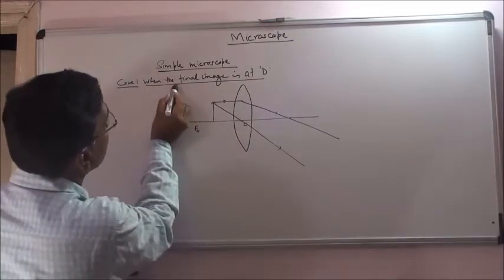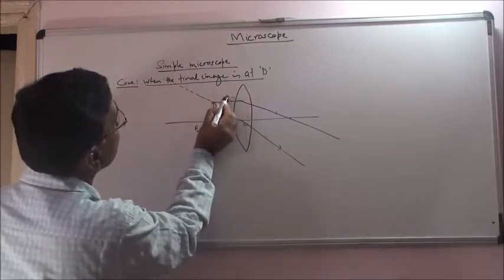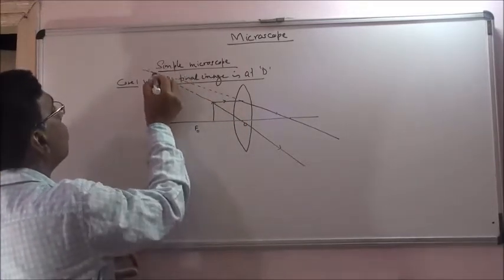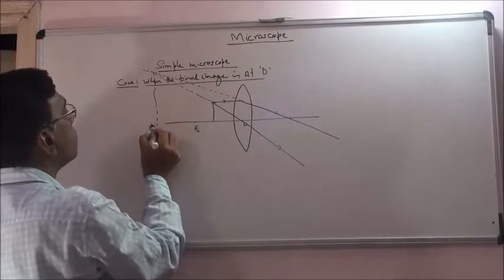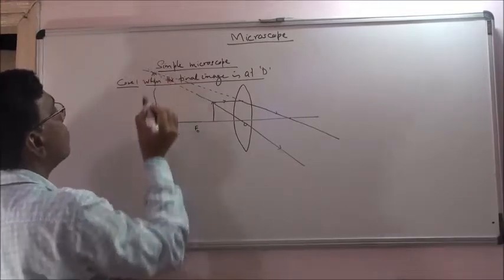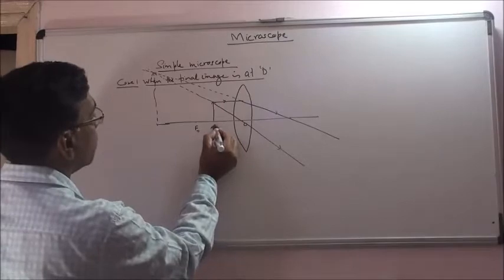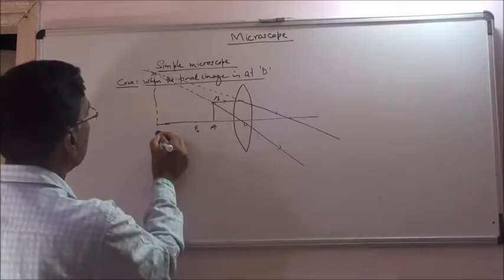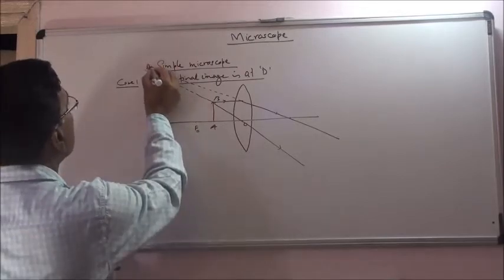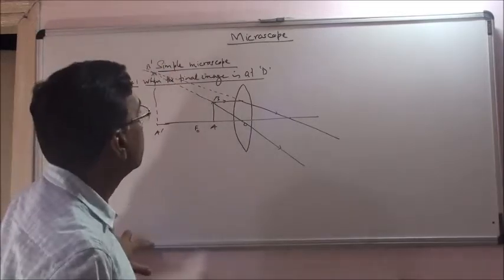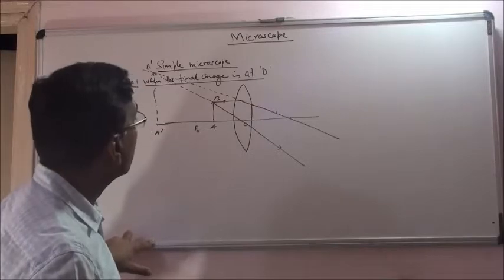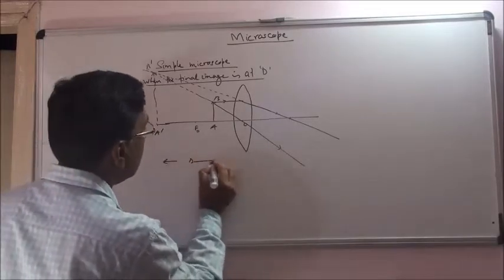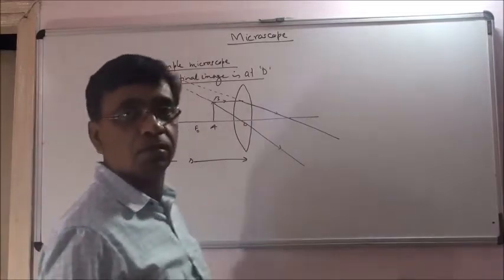If I extend them backward, this is the final image. AB is the object, and A dash B dash is the final image. Okay. And we are saying the final image is formed at least distance of distinct vision.